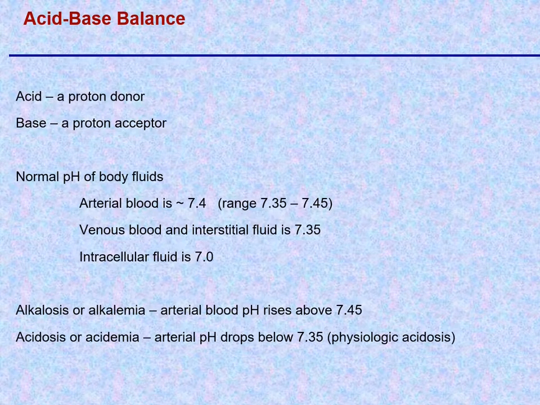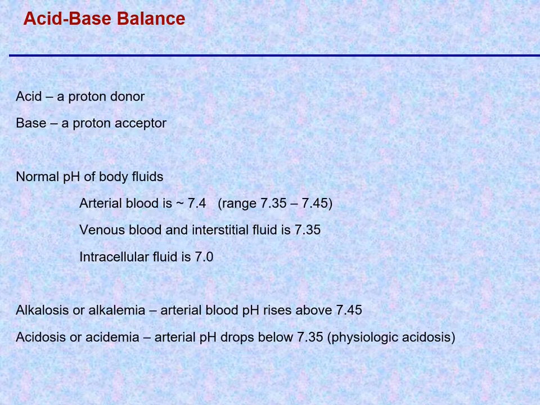On the venous side and in interstitial fluids, in almost all parts of the body, it's a little bit lower, 7.35, which maybe you should think about why that might be. Intracellular fluids are at a pH of 7.